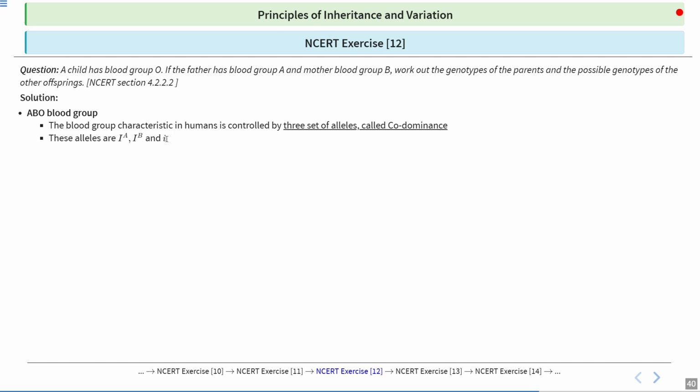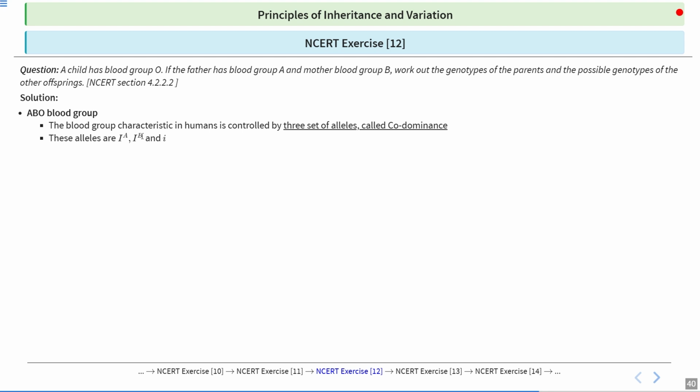And in the person having blood group O, the plasma membrane of the RBCs doesn't produce any sugar. In blood group AB, where both alleles IA and IB are present, the RBCs carry both the sugars produced by the A allele and the B allele.